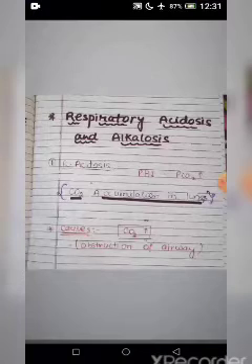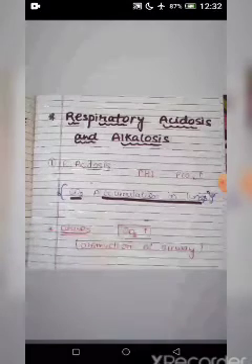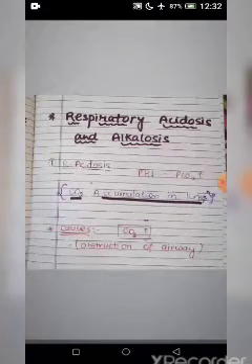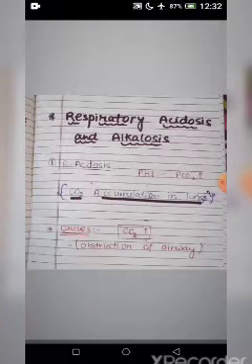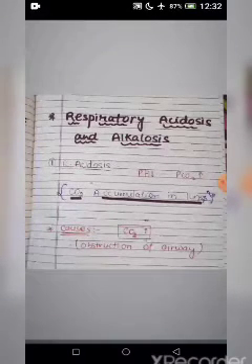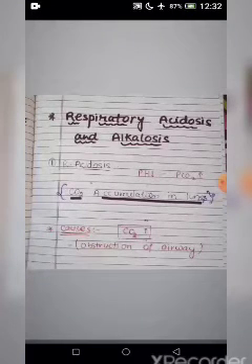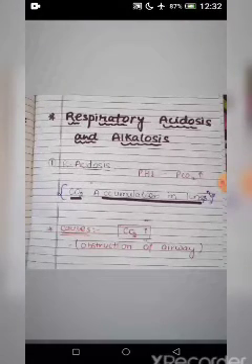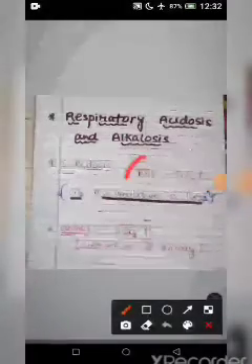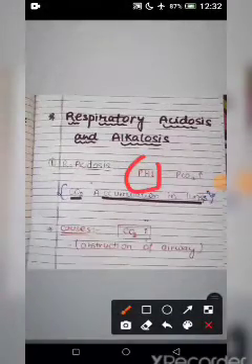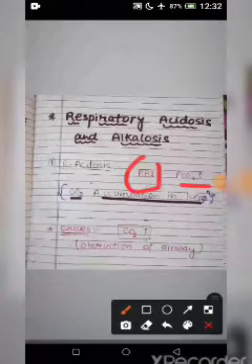First of all, this is respiratory, so here we will discuss CO2, and HCO3 levels we will discuss in the metabolic. So firstly CO2 we will discuss in the acidosis. As we discussed, pH is inversely proportional to CO2. So what happens in respiratory acidosis? The pH will decrease. So pH in the case of respiratory acidosis will be decreased, and what was the inversely proportional to pH? CO2. So CO2 will be increased.